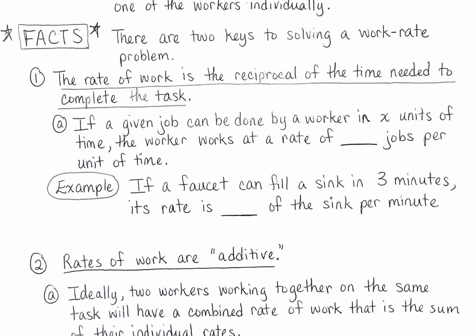So if a given job can be done by a worker in x units of time, the worker works at a rate of what?